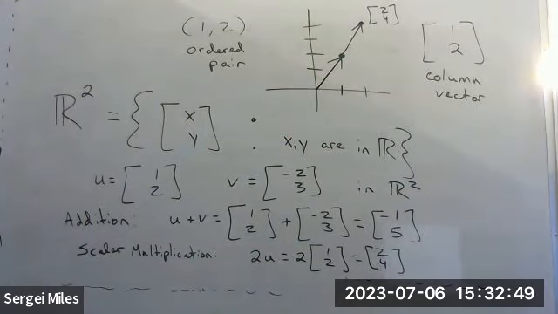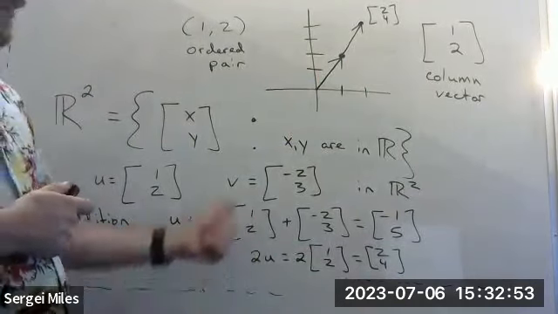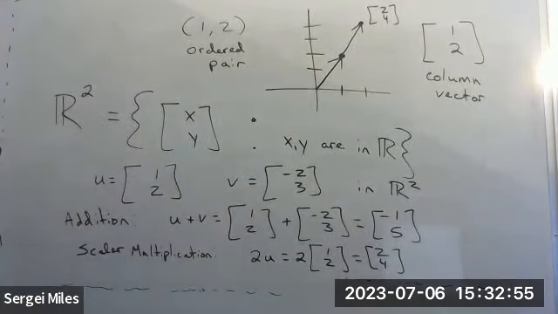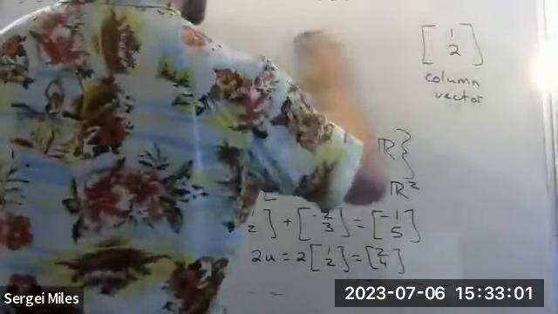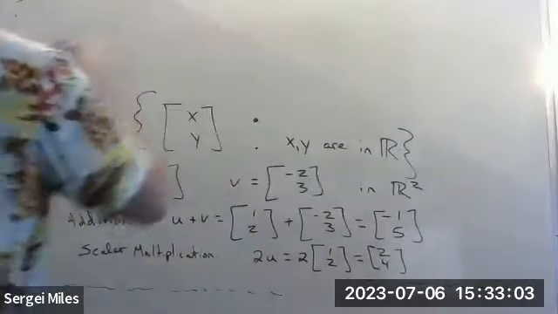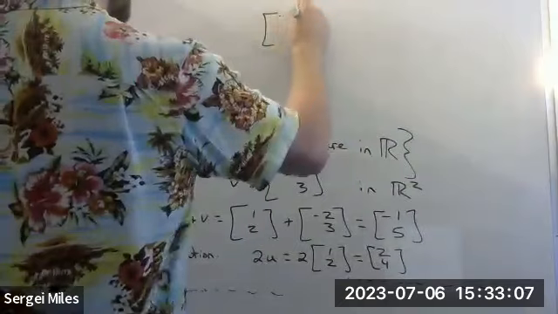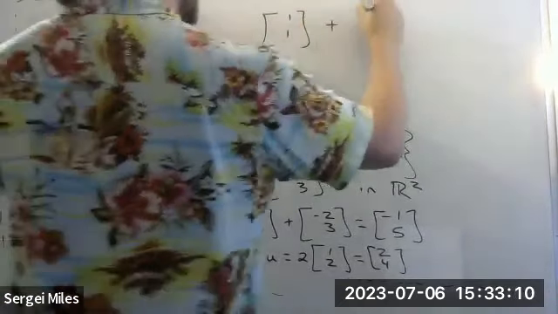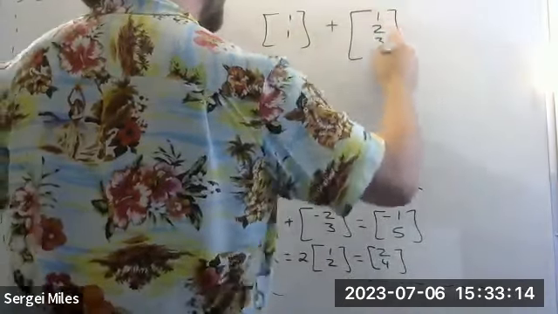So things to note, at least when we're adding vectors, they have to be vectors from the same dimensional space. If I, for example, take a vector in R2, let's say 1, 1, and maybe I want to try to add it to a vector in R3, 1, 2, 3.